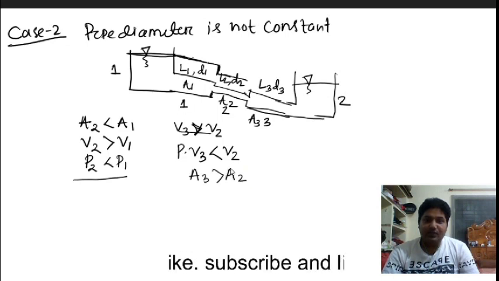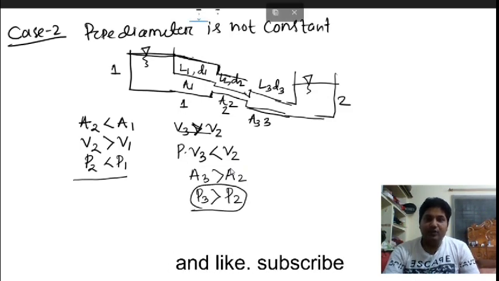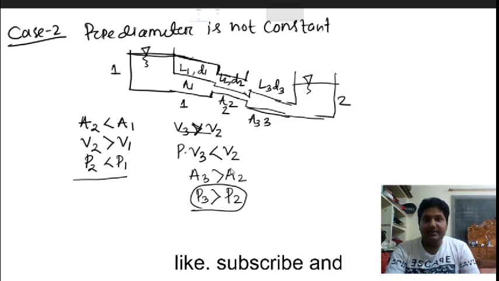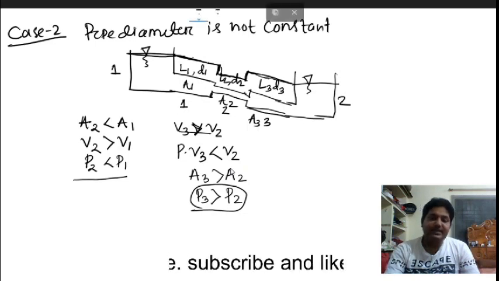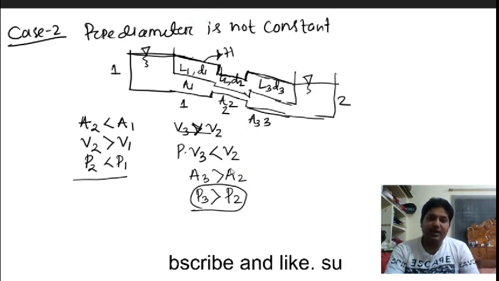So the pressure at section 3 will be more than the pressure at section 2. There is a sudden rise in the hydraulic gradient line, and finally it will join. So this is my hydraulic gradient line when the pipe diameter is not uniform.